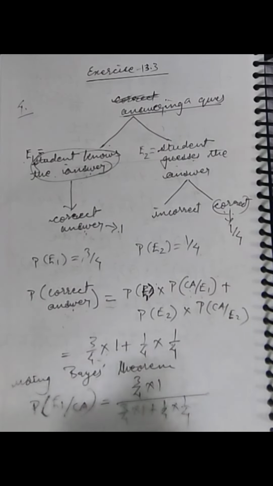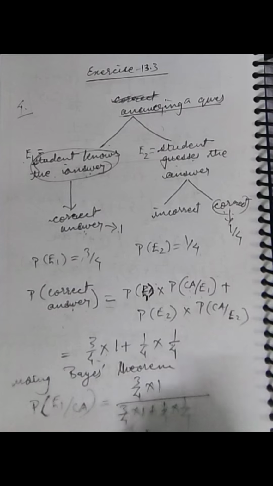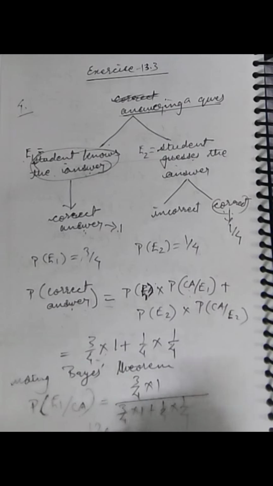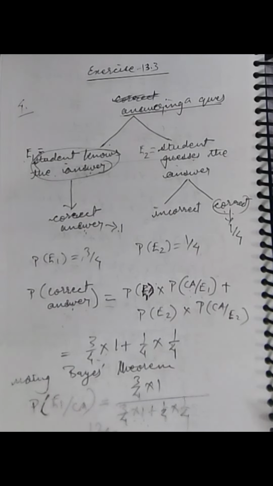This will give you the final answer: from the numerator 3 upon 4, from the denominator 13 upon 16, and solving we will get 12 by 13 as the final answer. I hope you get it.